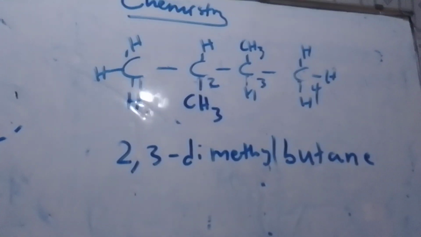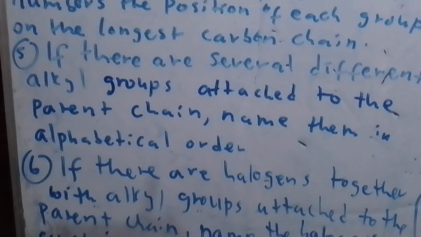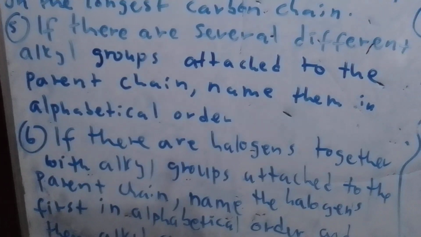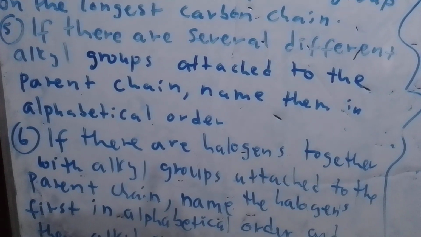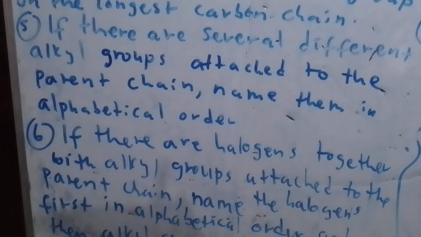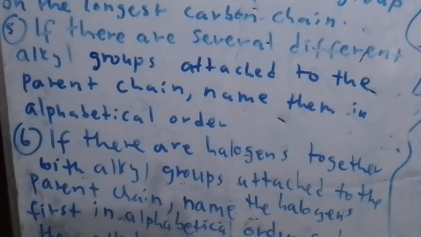Now let's look at rule number 5. If there are several different alkyl groups attached to the parent chain, name them in alphabetical order. What we are saying here is that in a situation where we have several different alkyl groups, don't forget what an alkyl group is.